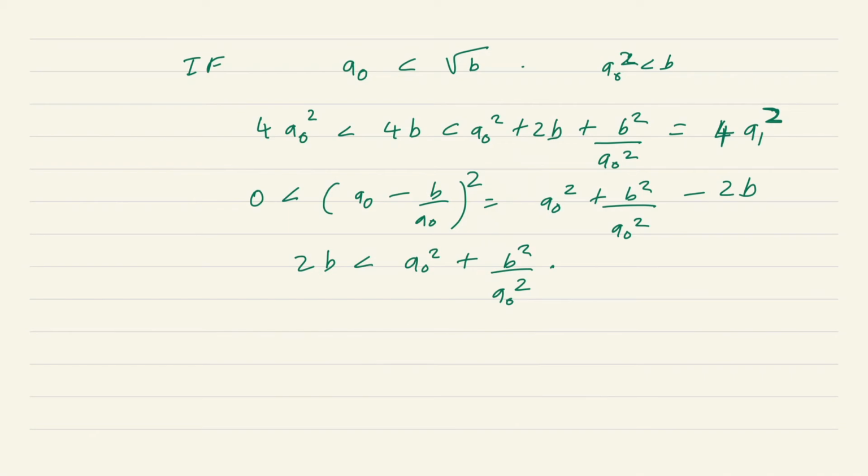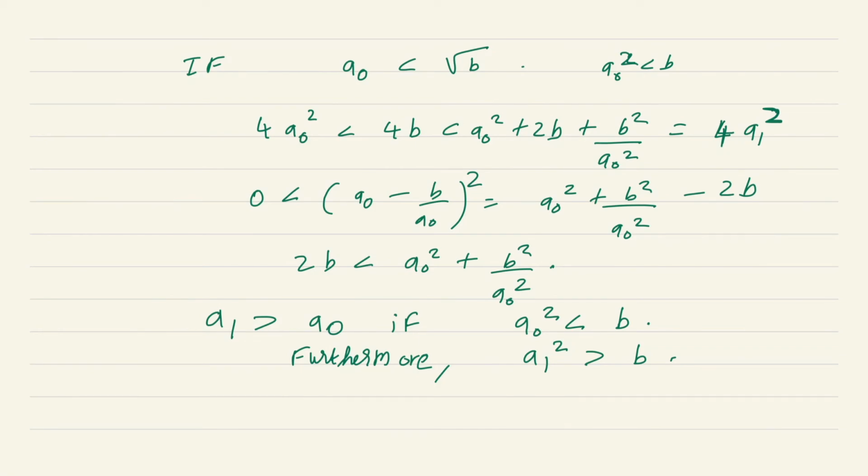Okay, so to put this in more concrete terms, what happens is a1 will be greater than a naught if a naught squared is less than b. Furthermore, a1 squared will be greater than b.